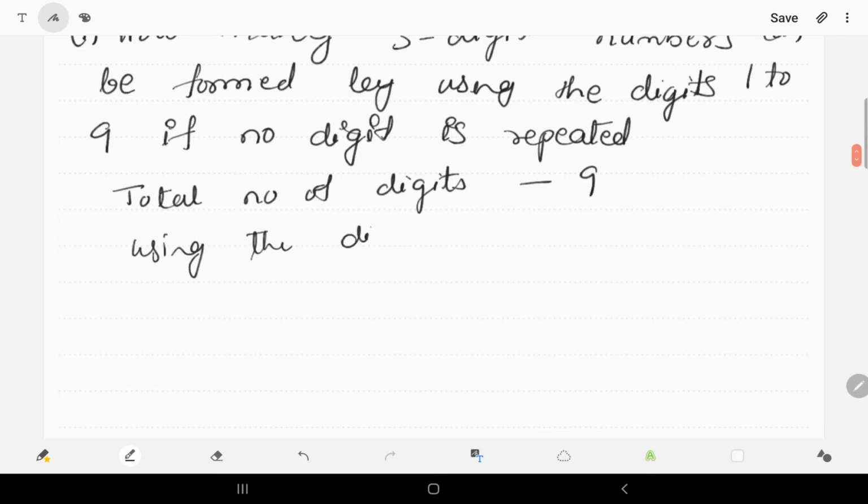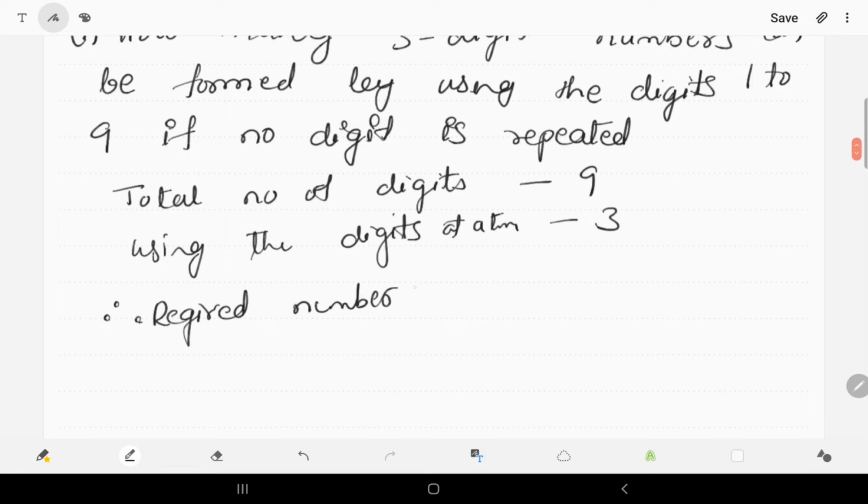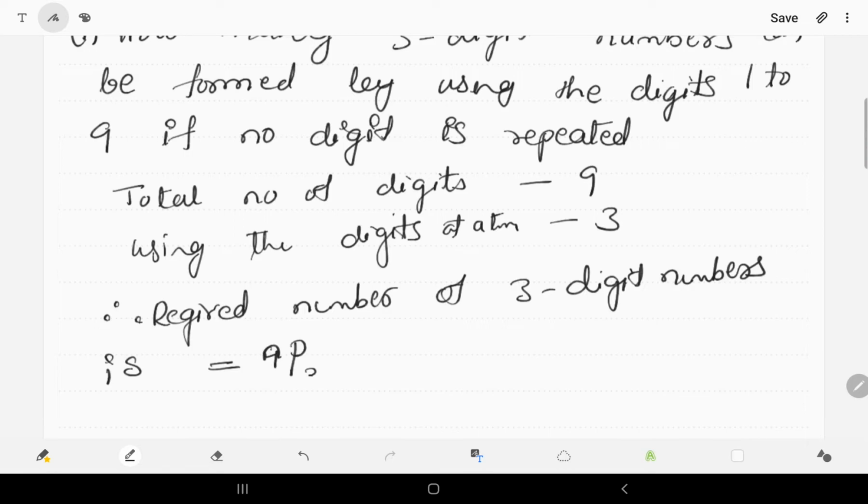So the required number of 3-digit numbers, you are using the digits 3 at a time. Therefore, the required number of 3-digit numbers is equal to 9P3, that is equal to 9 factorial divided by (9 minus 3) factorial, that is equal to 9 factorial divided by 6 factorial.